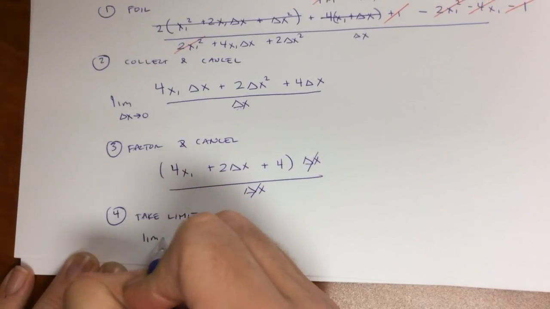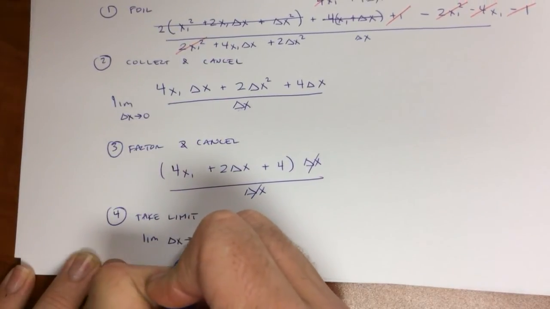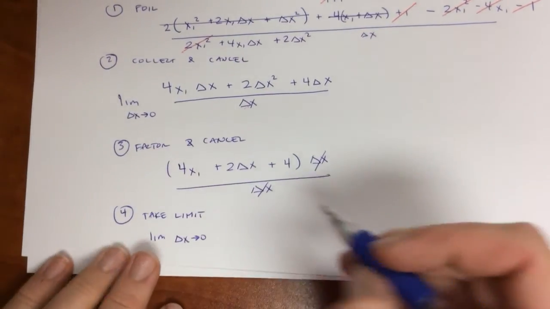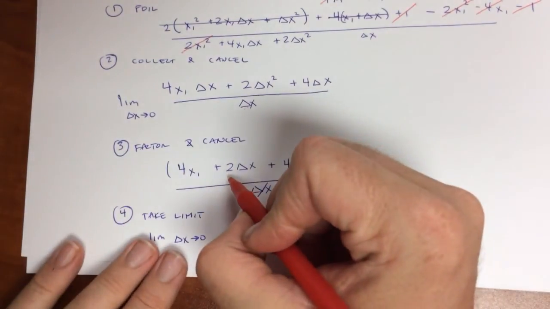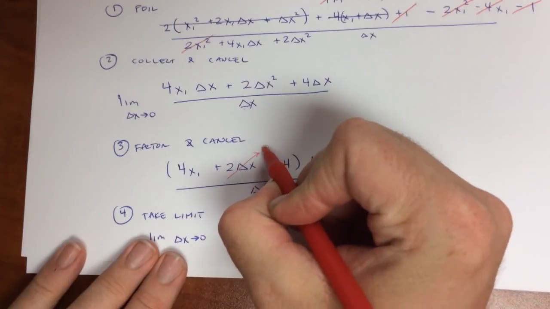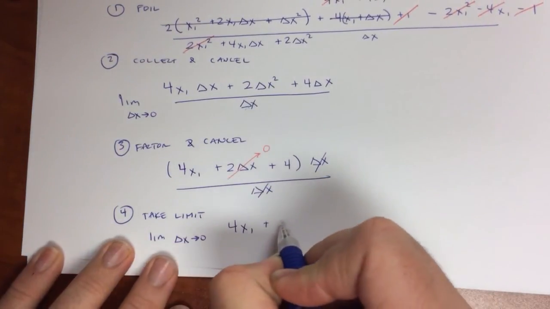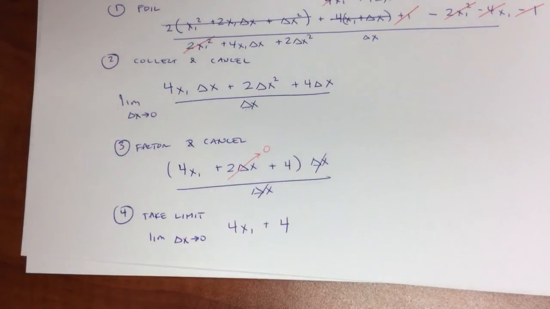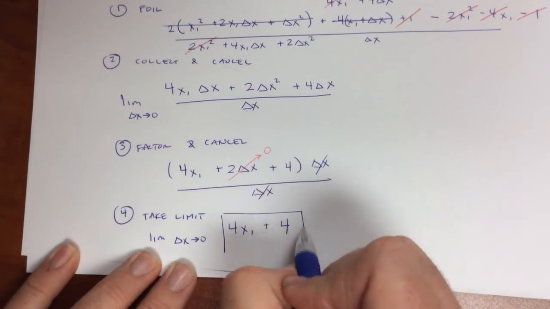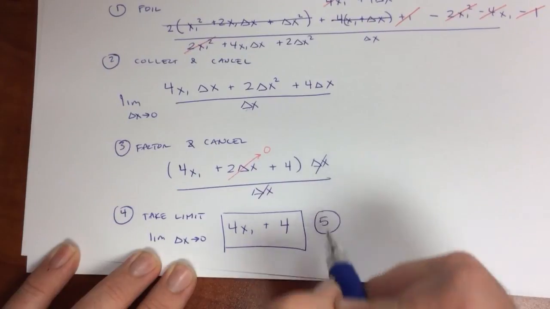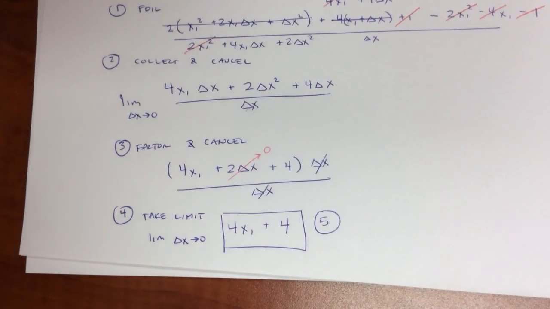So the limit as delta x goes to 0 means that this term right here will go to 0. So we have 4x1 plus 4, and this then is step 5, which is our final answer.